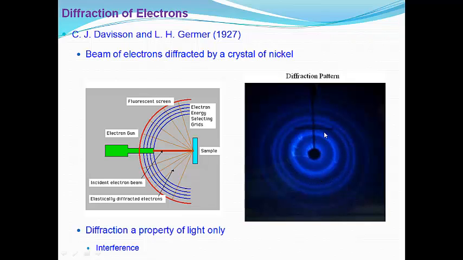So again, this is direct experimental evidence which shows that electrons in fact are wave-like, because they are able to exhibit interference, both constructive and destructive interference. And this kind of experimental evidence we want to get back to when we start looking at the wave function of the electron a little later on in the lecture.